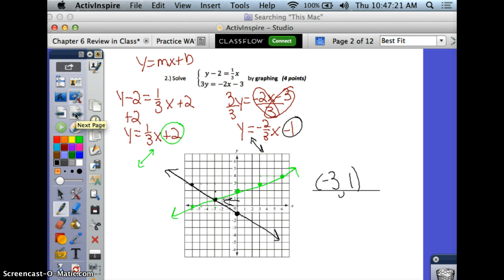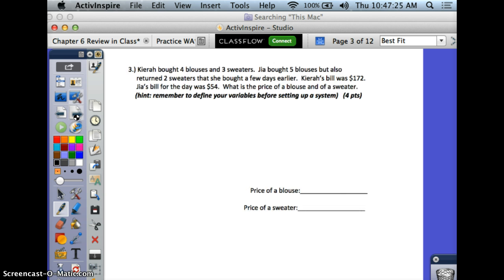Number 3. We have our very first word problem here. Kiara bought 4 blouses and 3 sweaters. Gia bought 5 blouses but returned 2 sweaters. It's very important that she bought a few days earlier. Kiara's bill was $172 and Gia's bill was $54.